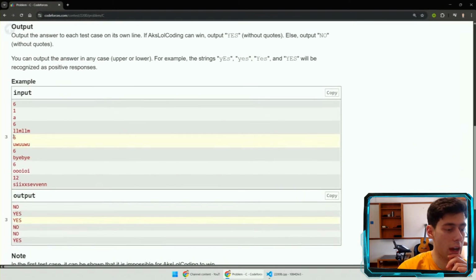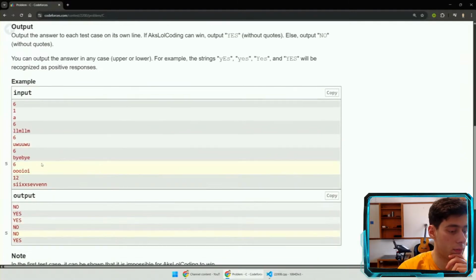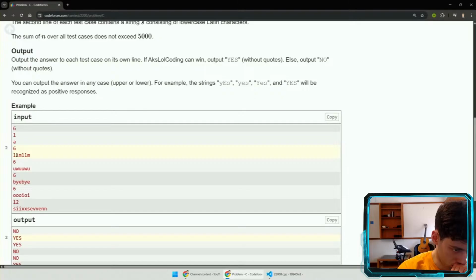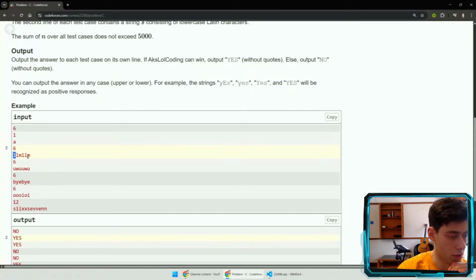So, can you do that? So this one you cannot. So the first letter does not have to be equal to the last letter.